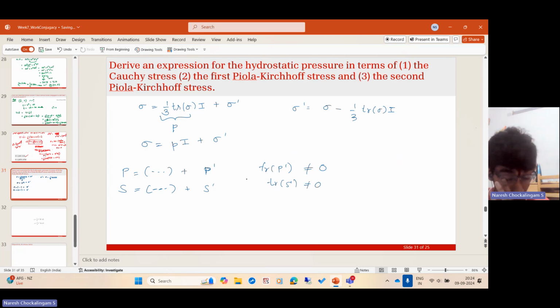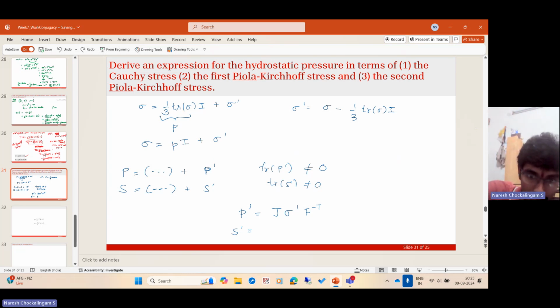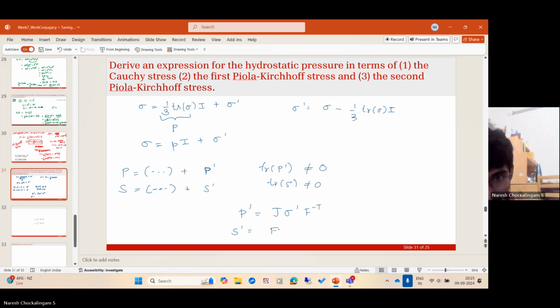They are not truly deviatoric in the sense of sigma, but they are derived from a deviatoric part of sigma dash. So we define P dash as J sigma dash F inverse transpose. So P dash is the Piola transform of sigma dash, and S dash is F inverse times the P dash.